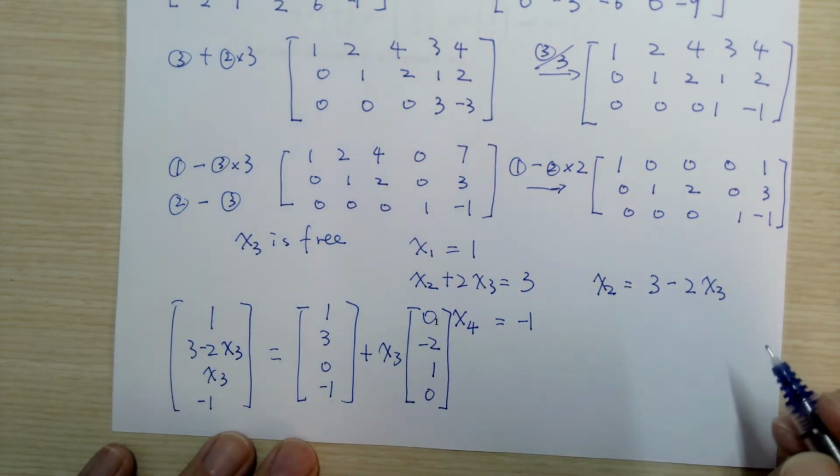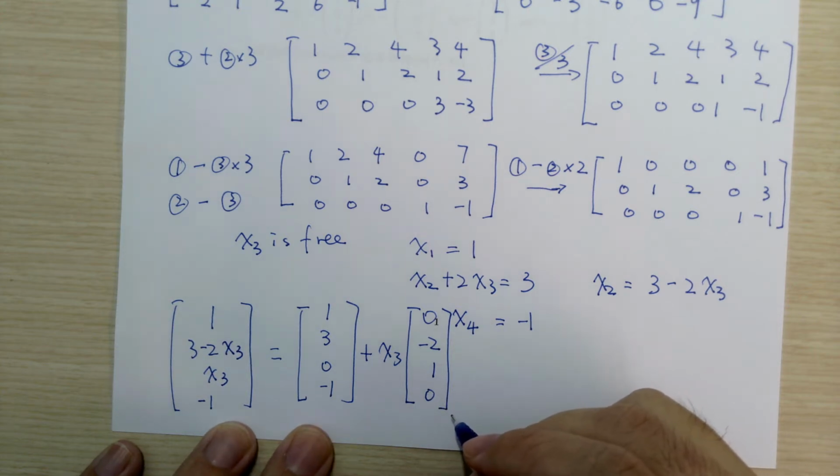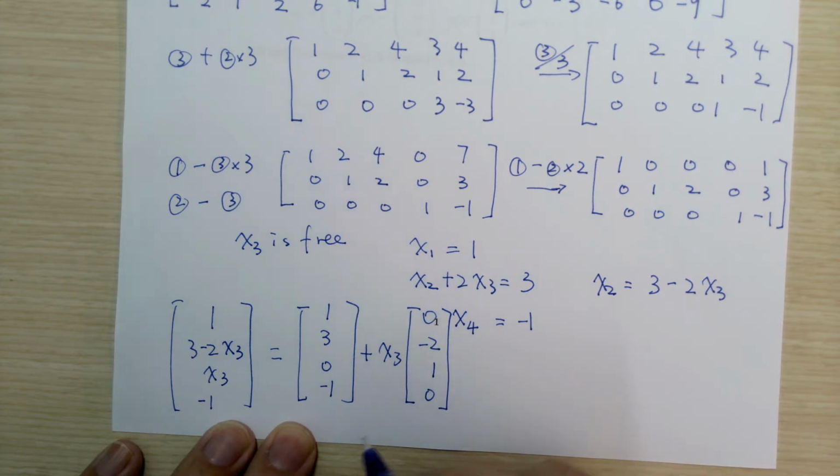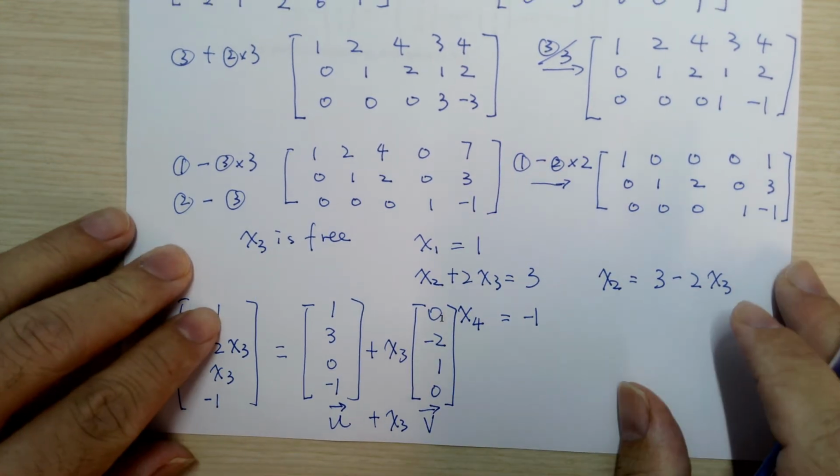Okay, so this is what we call the parametric vector form. If we denote this as vector u plus x3 times vector v. Okay, so that's how we do this one.